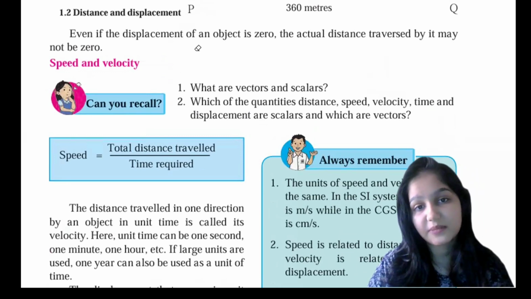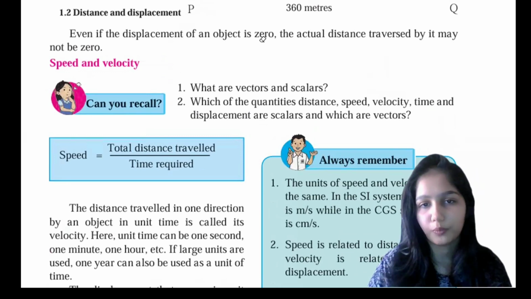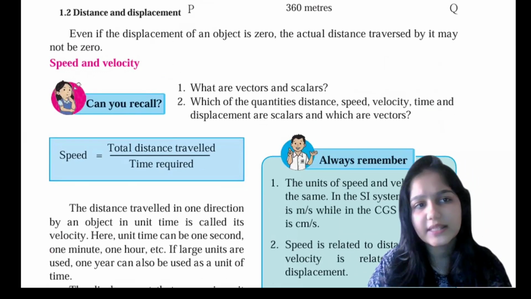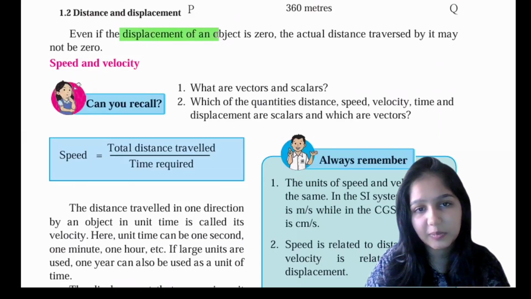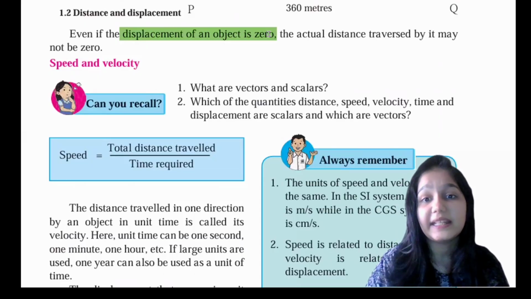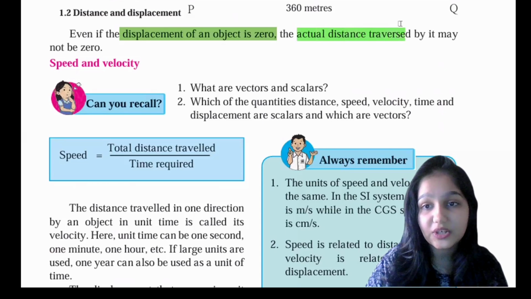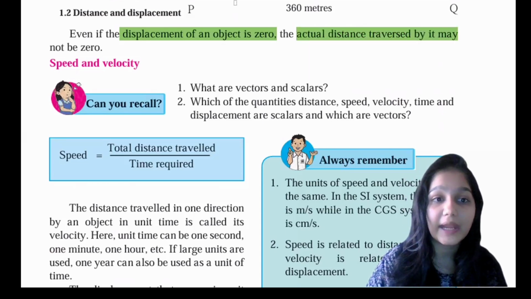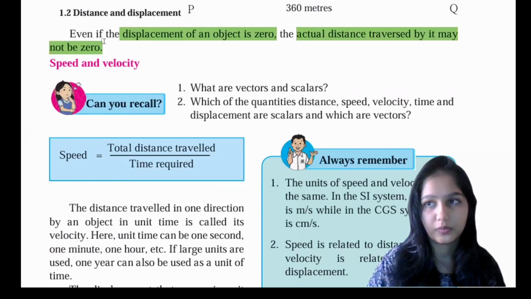Even if the displacement of an object is zero, okay, what does this say? That अगर displacement zero है, then the actual distance transferred by it may not be zero.